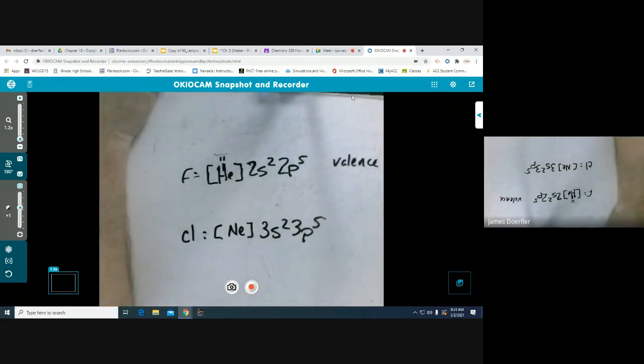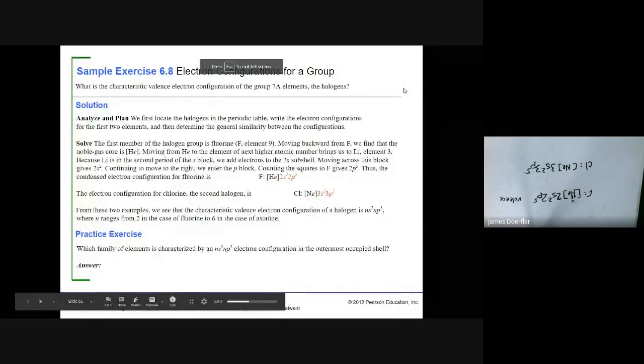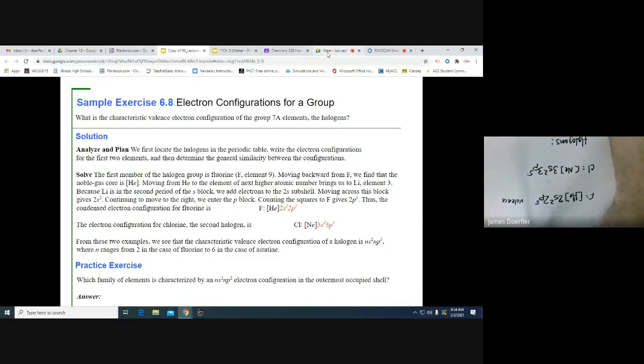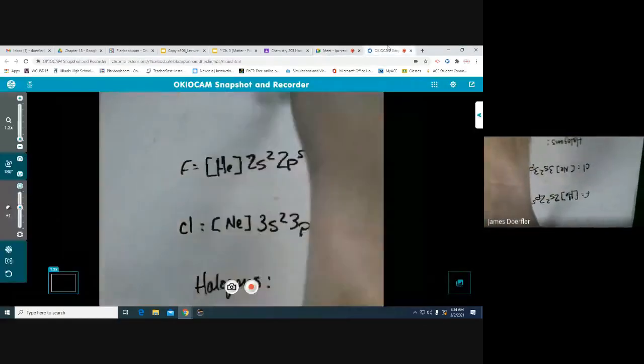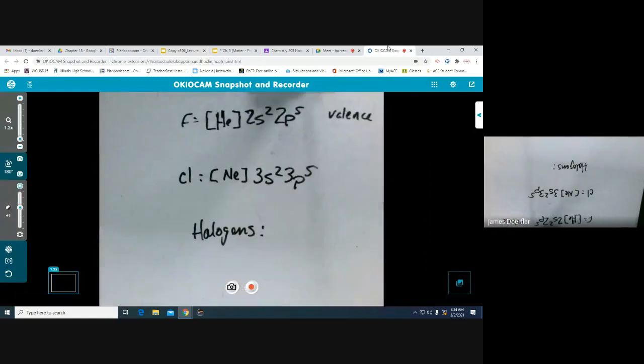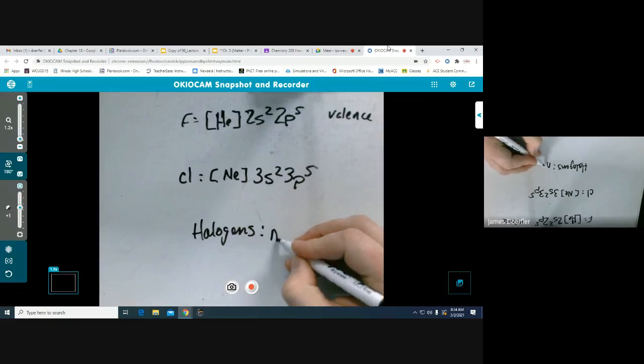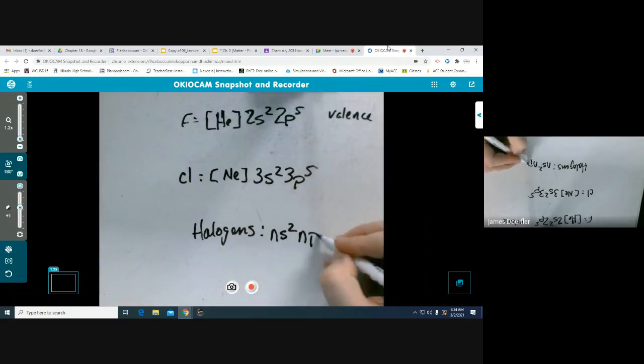So in a question like this, where it says a characteristic valence electron configuration, it's really best if you do these noble gas configurations. And so for the halogens, a characteristic valence electron configuration would be this: ns2, np5.